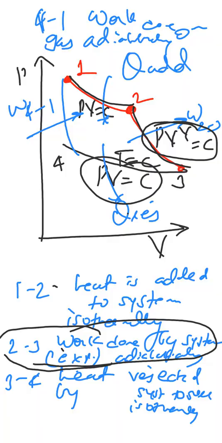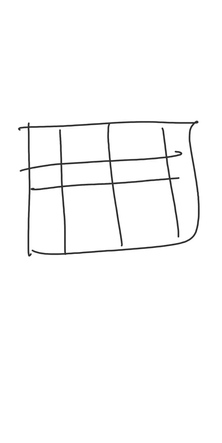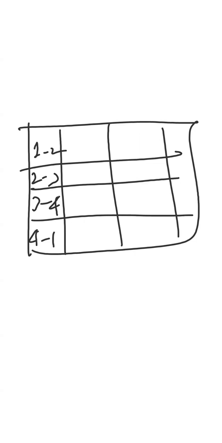Or you can make a chart. This you have already written. Now you make a chart like this. I will tell you how to write like this. You make a chart: 1 to 2, 2 to 3, 3 to 4, 4 to 1. Then you write here first whether it is isothermal, and this is adiabatic, this is isothermal, this is adiabatic.